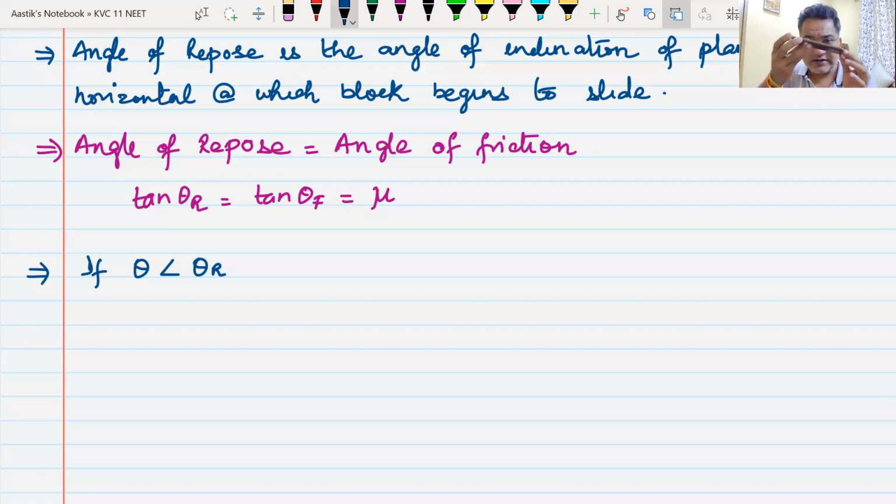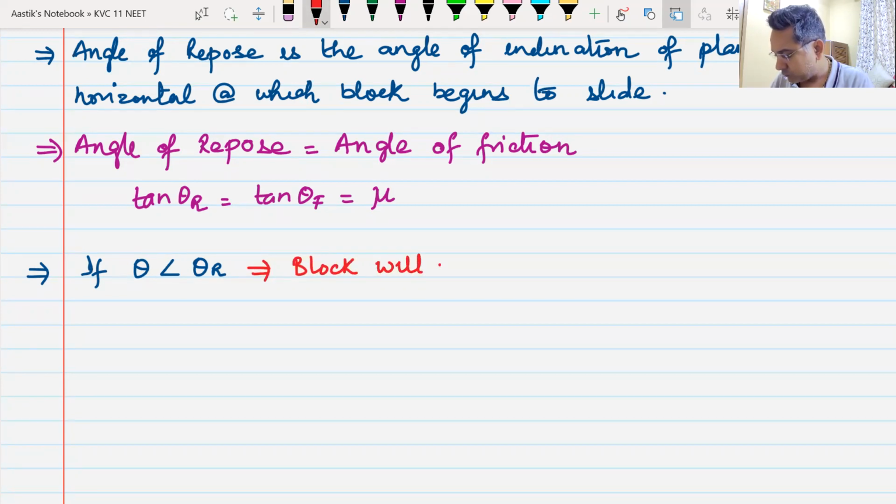If your angle of inclination theta is less than your angle of repose, the block will not slide. So that is what you will write. If theta is less than theta r, the angle of repose, will the block slide? The block will not slide. Block will remain stationary.